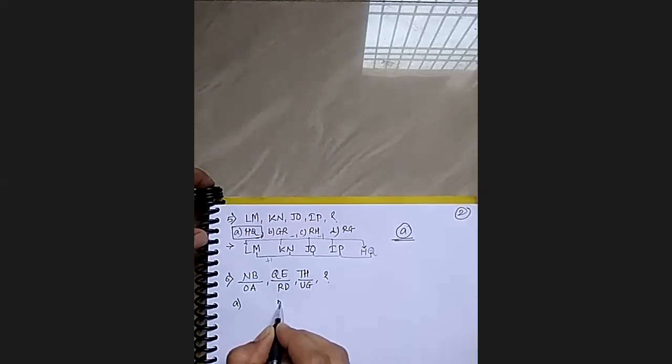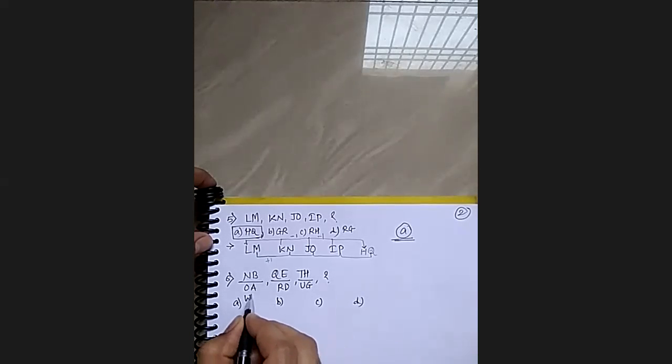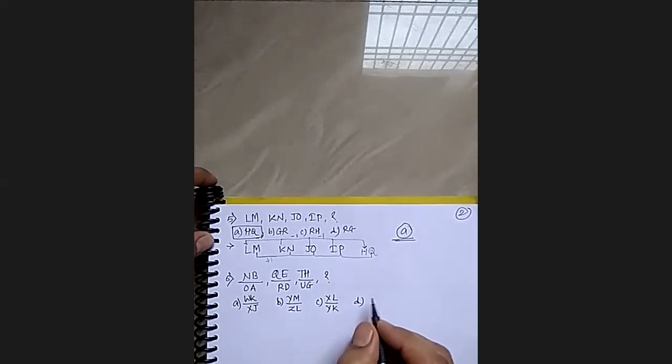Option A, B, C, and D. So option A is WK by XJ, B is YM by ZL, C is XL by YK, and D is NM divided by ZA.